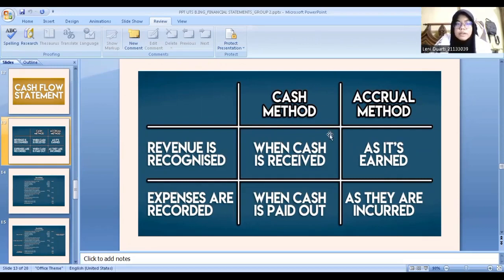The accrual method says that we should recognize revenue as it's earned and record expenses as they are incurred. When the substance of the transactions take place, this means that cash inflows and outflows are not equivalent to revenues and expenses. They need to be tracked separately in the cash flow statement.